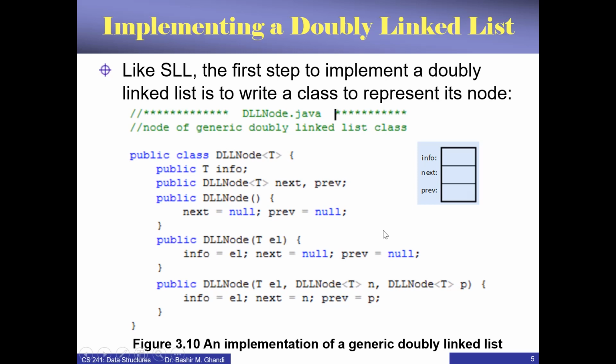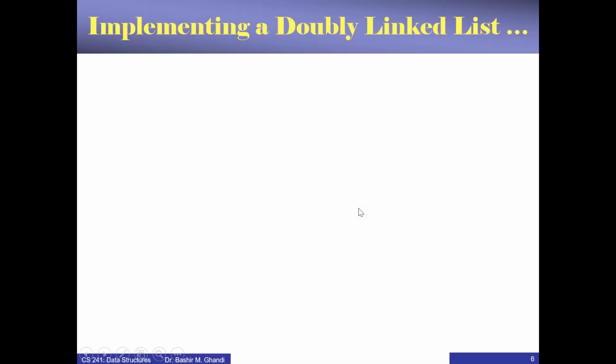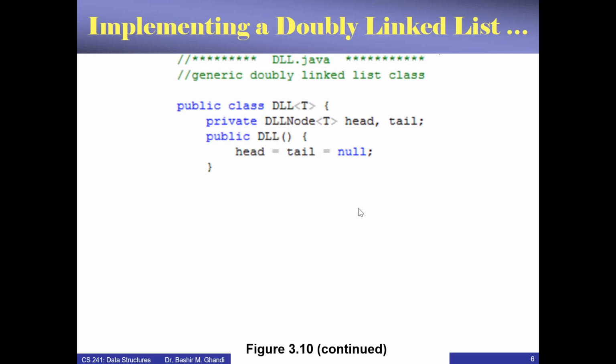In fact we need a class which will allow us to manage the nodes in our doubly linked list. Therefore, we define another class which is called DLL. So instead of SLL, this one we call DLL. Now DLL, like SLL, has two variables, head and tail.